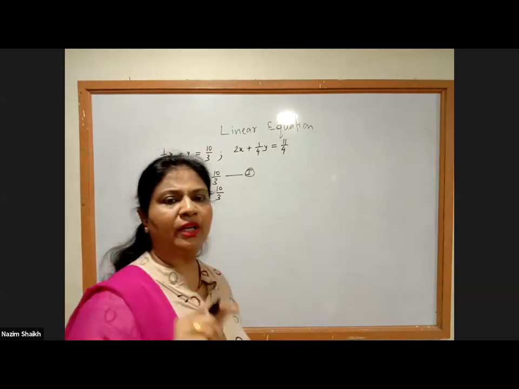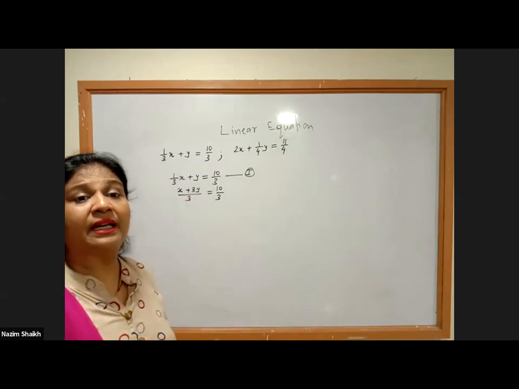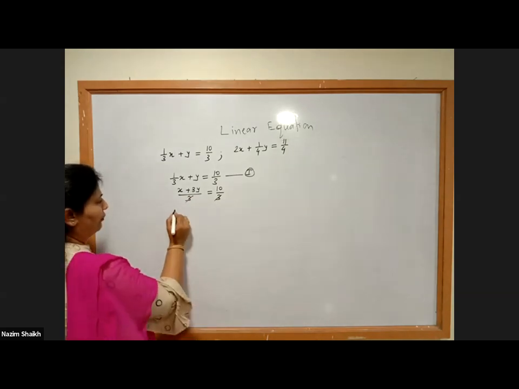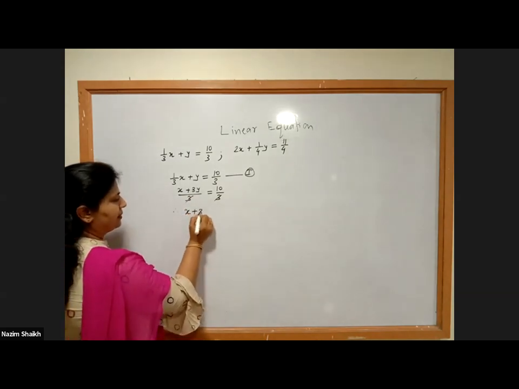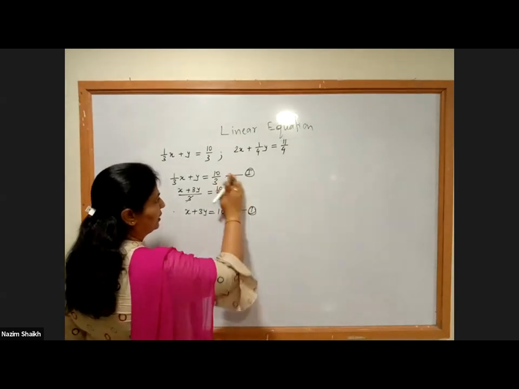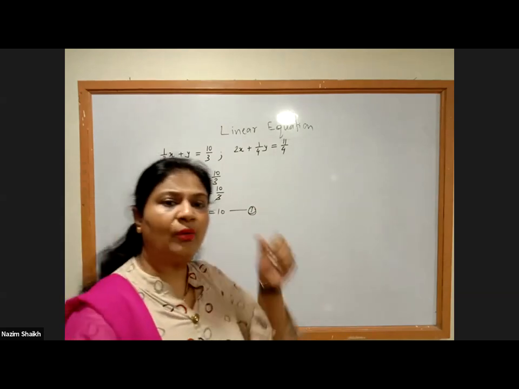If the denominator is the same on both sides of the equation, then no need of crossing. You can kill them. So what we get is x plus 3y is equal to 10, which is actually your equation number 1.